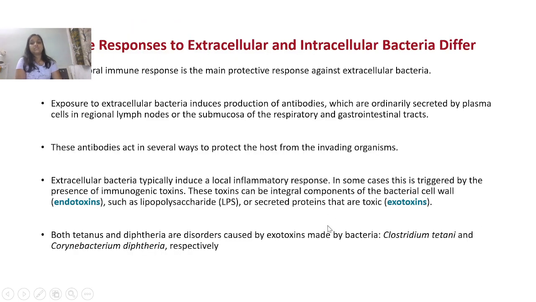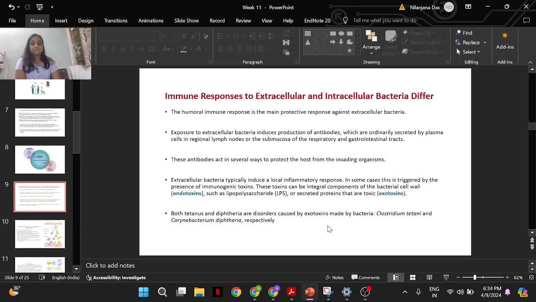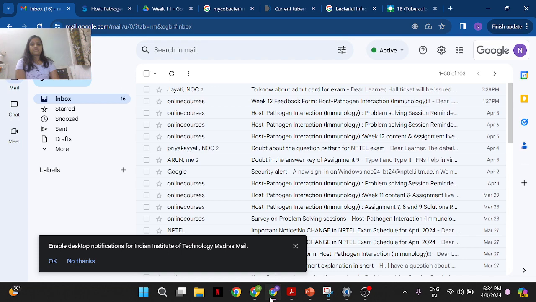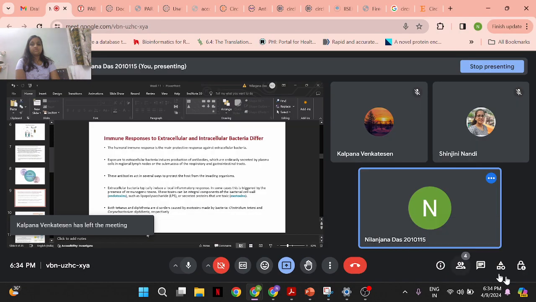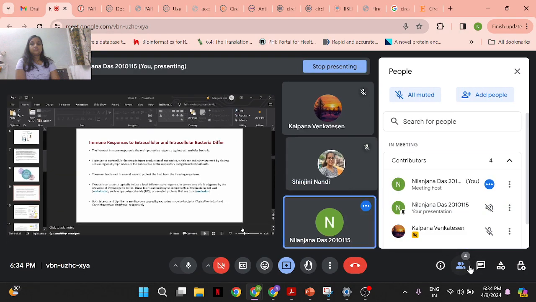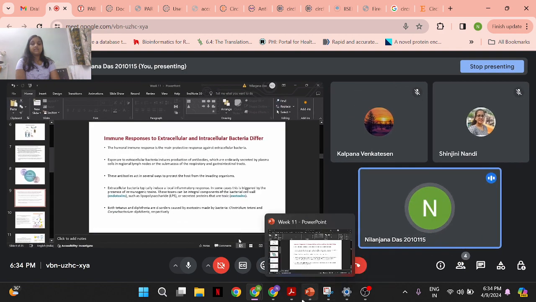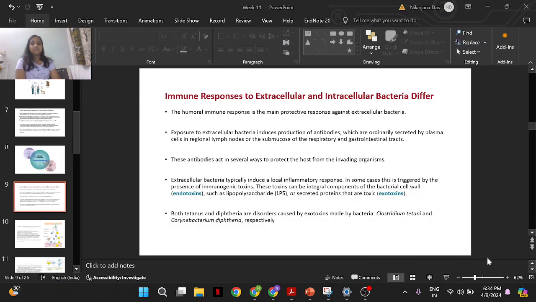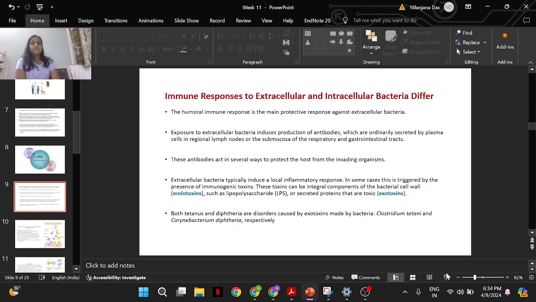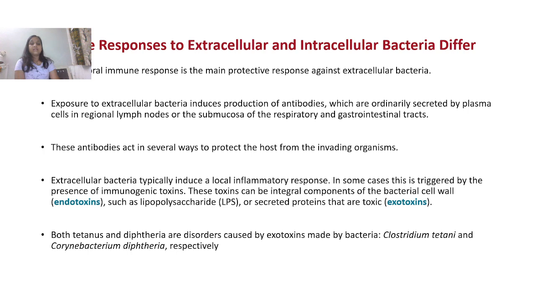Also there are certain toxins which are secreted by these bacteria, which are known as exotoxins. So these different kinds of toxins are secreted by the bacteria, which then activate our immune system and can cause local inflammation. So these toxins are immunogenic, means they can activate our immune system.